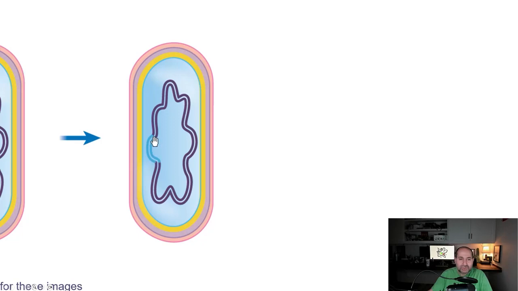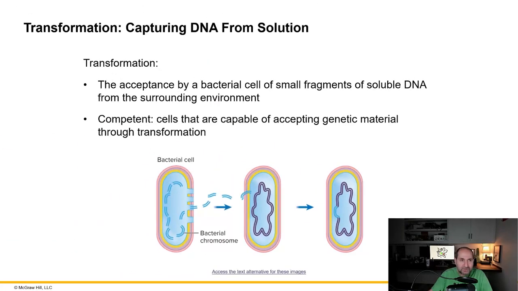See, this portion in light blue, this portion of the recipient is from the donor cell. And so this is a recombinant. And this form of horizontal gene transfer is called transformation. Notice how no sex pilus was required.